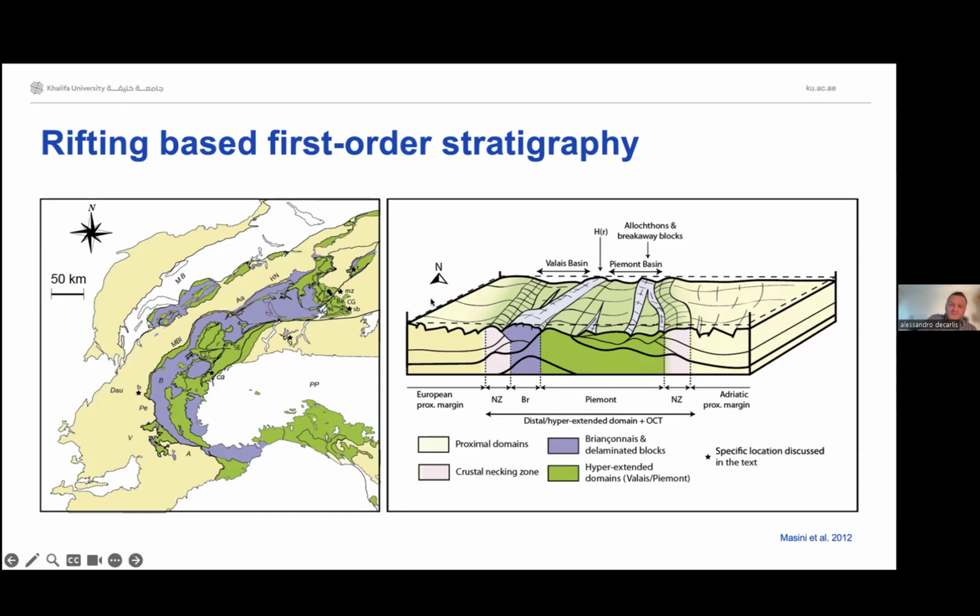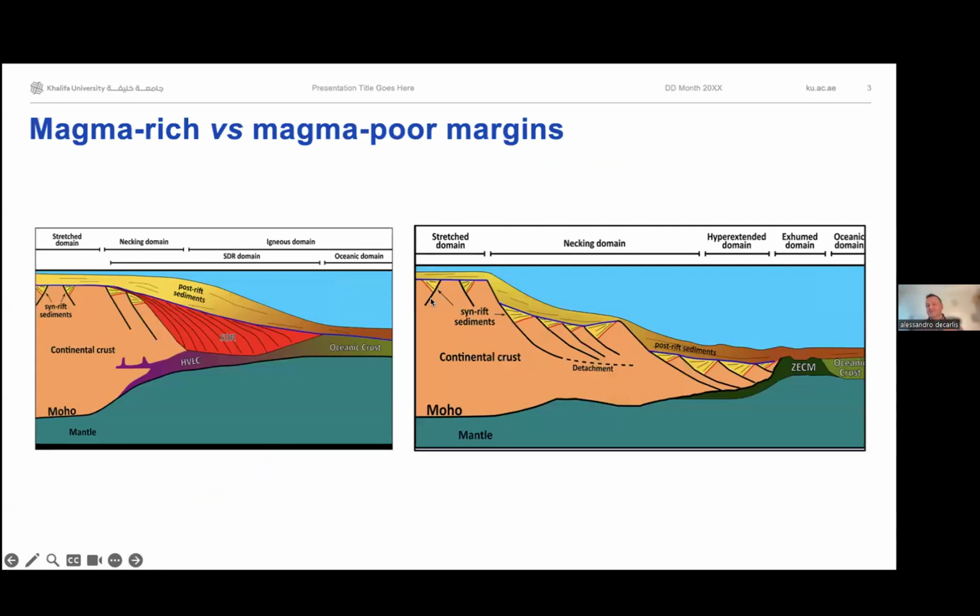So it's not up to me now to explain the difference, I just know that you are aware of this. The point is, the magma-rich system and the magma-poor system are end members, okay? So in one of the systems, you have a lot of magma during rifting, so you don't have to consider the oceanization window, just during rifting.